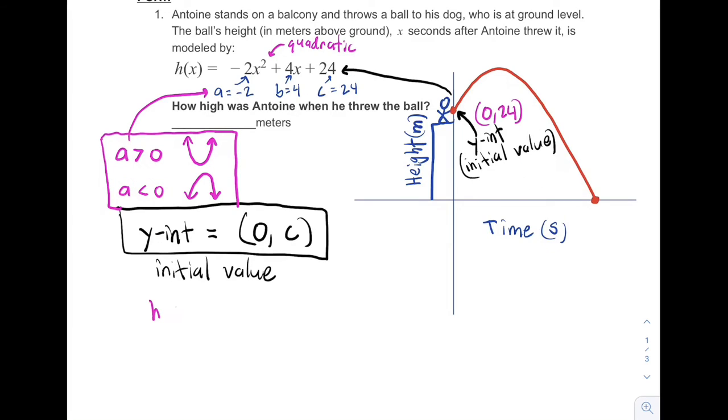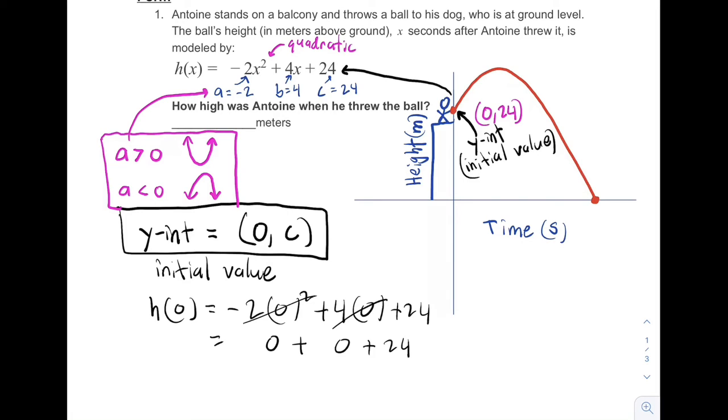And you can show that just by looking at h of 0. If we did h of 0, that would be negative 2 times 0 squared plus 4 times 0 plus 24, and the zeros give us 0. This is going to be 0 plus 24. So your y-intercept is 24.